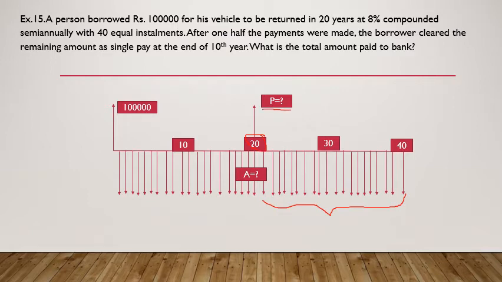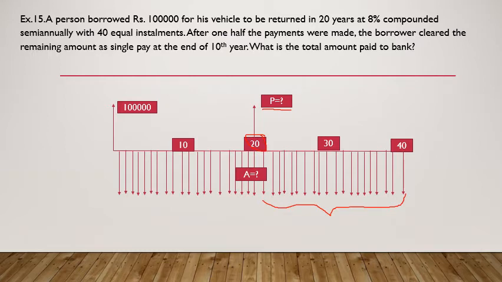And what is that amount that I need to pay, and what is required? The total amount paid to the bank. Three values must be found out here. First, the equal installments. Second, the single payment at the end of 20 installments, representing the remaining 20 installments. And then the total amount paid to the bank.